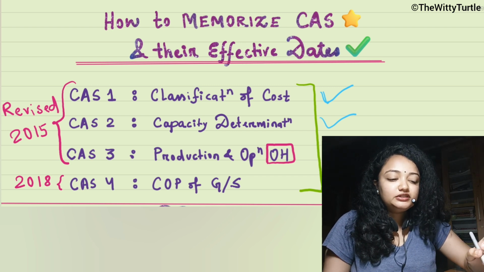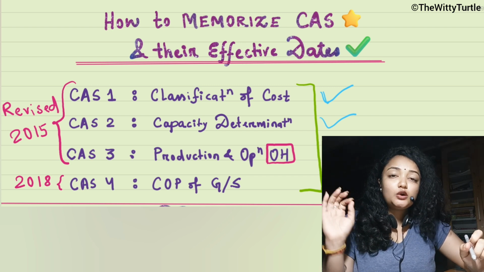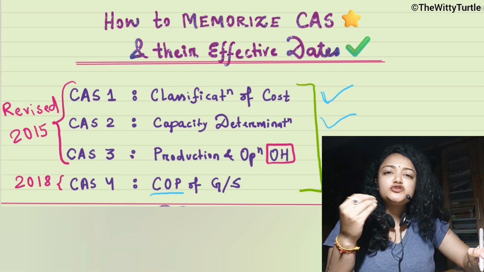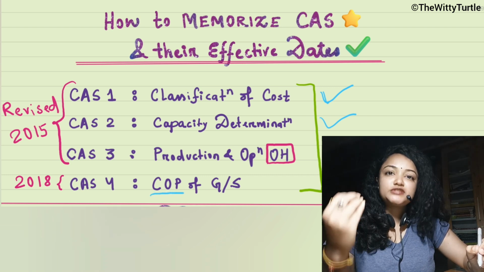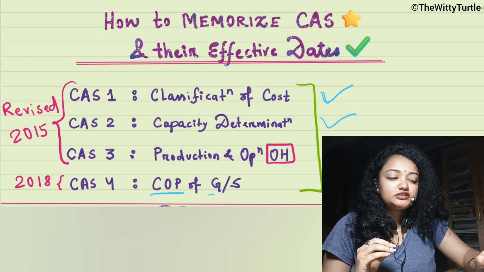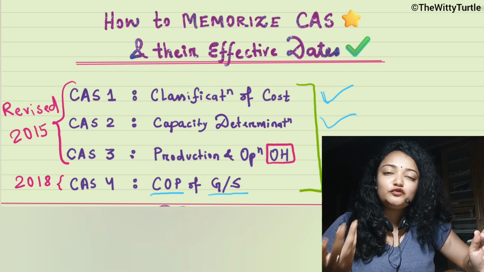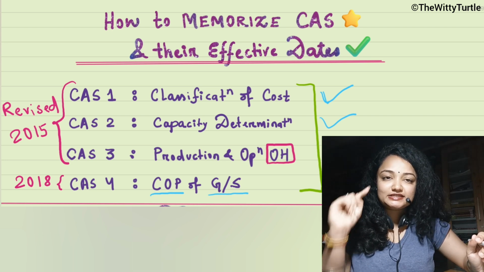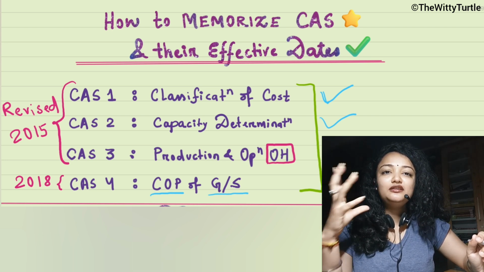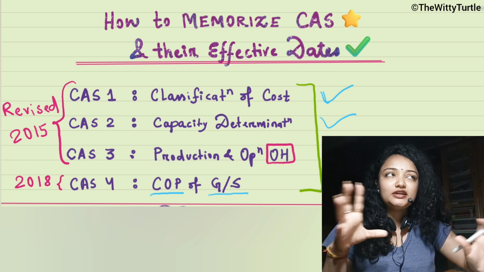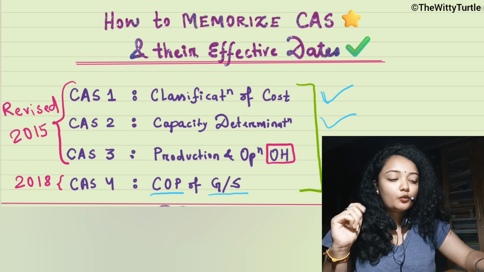After this is done, next is cost accounting standard 4, which says cost of production or cost of acquisition or cost of supply of goods or services. After you're done with the production, what will you do? You will obviously calculate the cost of production. This is the chronology by which you can remember, because for the first four I did not find any logic or interlinking.